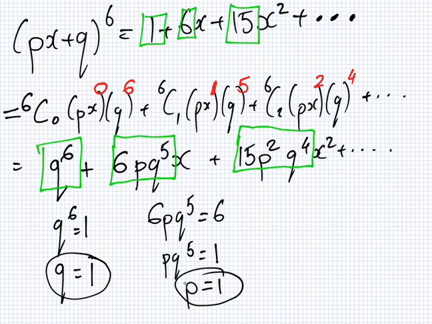So what you're doing here is you're comparing. So you're saying that Q power 6, that must equal 1. So that means Q must equal 1. And then the 6PQ^5 must equal 6. But the 6 is cancelled, and you know that Q is 1, so that means P must be 1. And you're finished. So you're making a comparison between the left and the right.